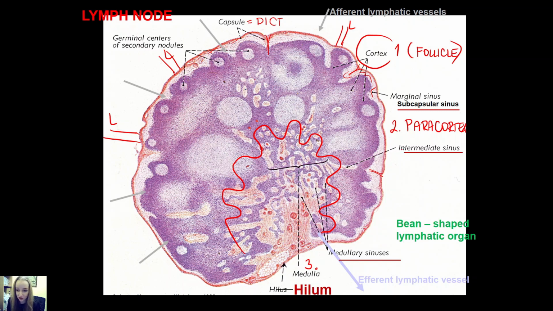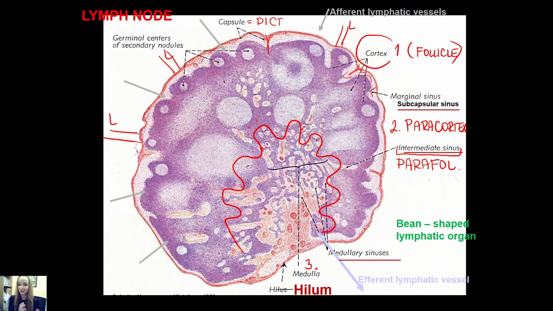Then we differentiate intermediate sinuses, sometimes called parafollicular sinuses, because they are close to follicles, so that's why they are called parafollicular sinuses. And the last type are medullary sinuses.